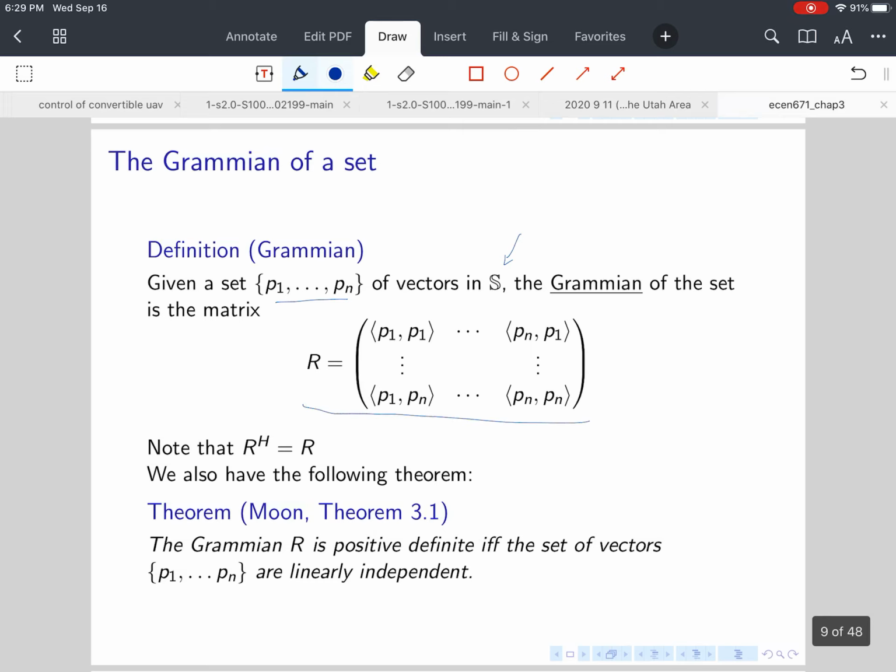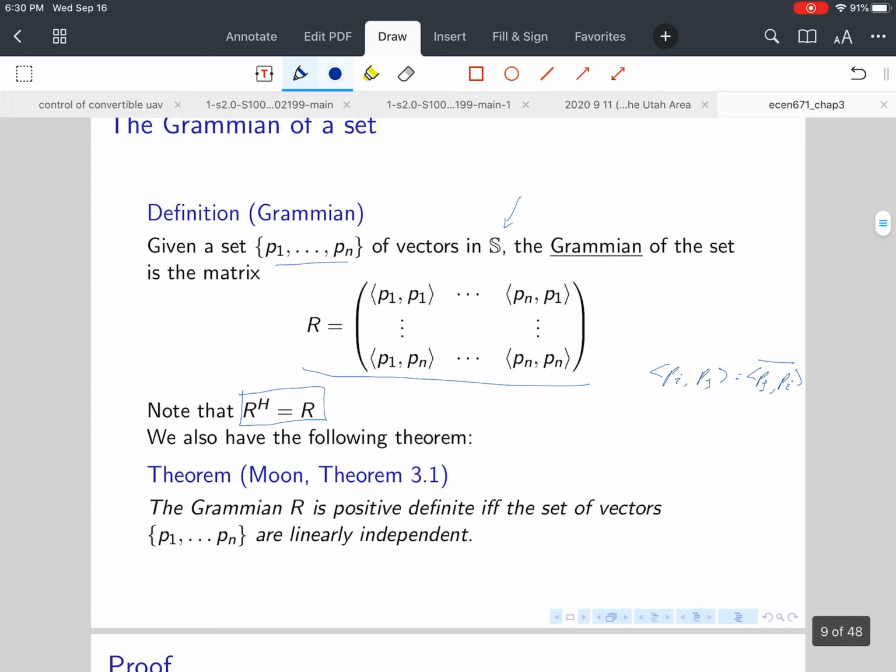And notice that if we were to take the transpose and complex conjugate, we would get R^H equal to R, because again Pi with Pj is going to be Pj with Pi, as long as we complex conjugate.